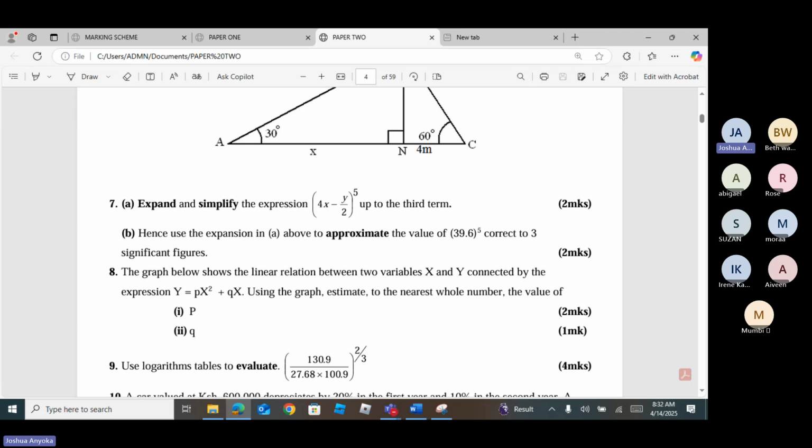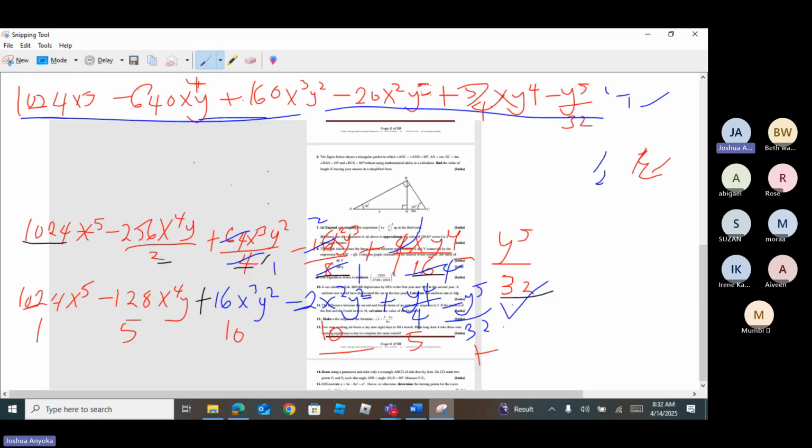So we are using our expansion to evaluate that 39.6 raised to 5, and we are using the expansion.